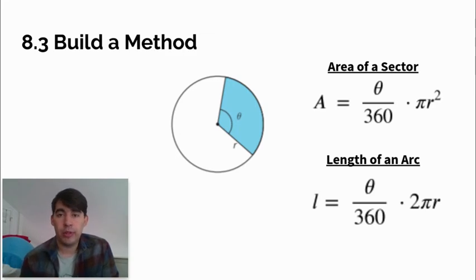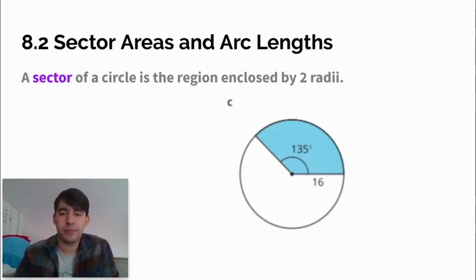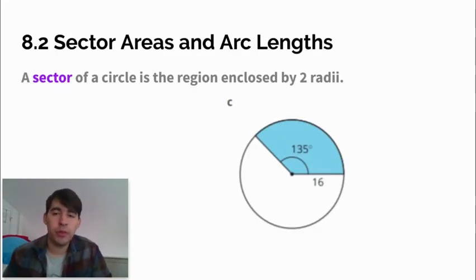Let's try one more example using these formulas. So here we have a circle with a central angle of 135 degrees and a radius of 16. Already we can start to see it's getting a little hard to tell what fraction of the entire circle we are looking at.